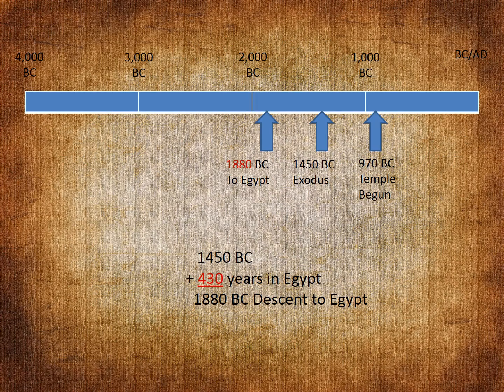Adding the 430 years from the Hebrew text to the date of the Exodus, we arrive at 1880 BC as the date when Jacob and his family went down to Egypt. Using the Septuagint figure of only 215 years, the Israelites arrived in Egypt later, in 1665 BC instead.